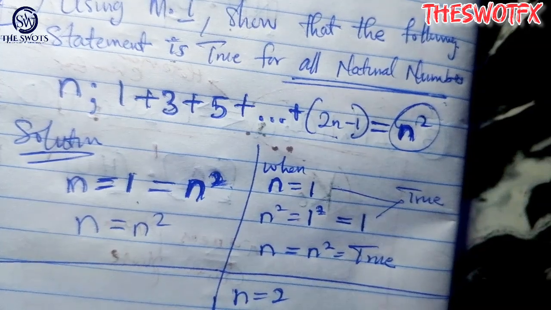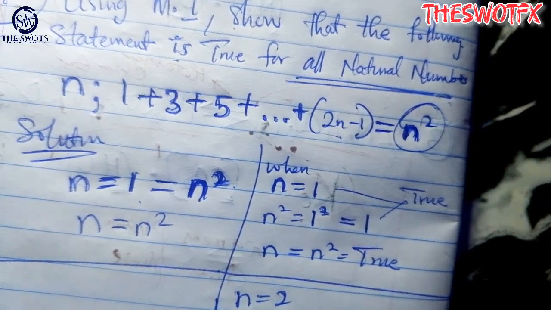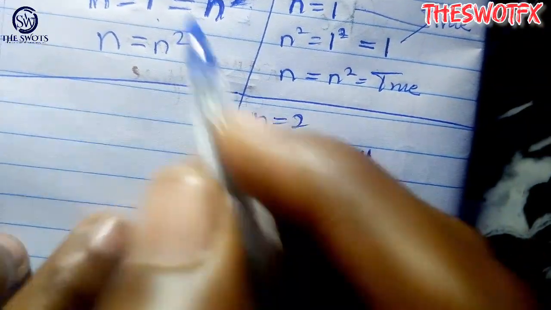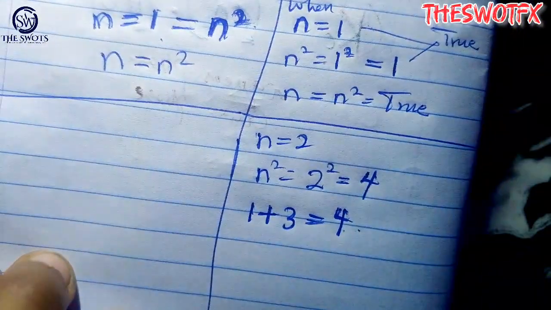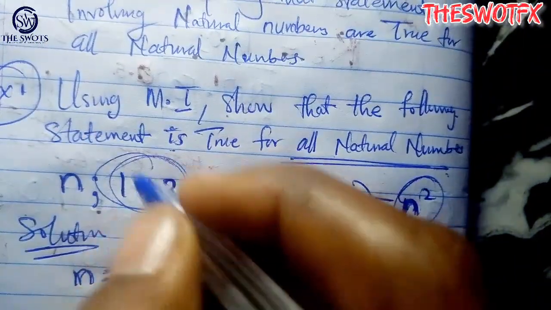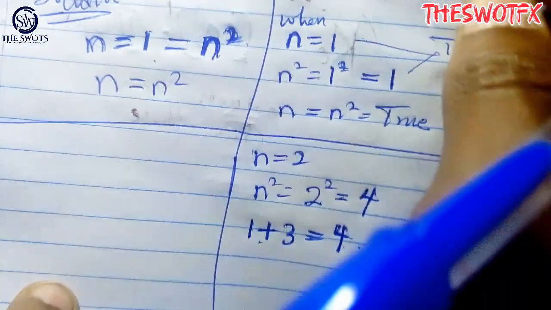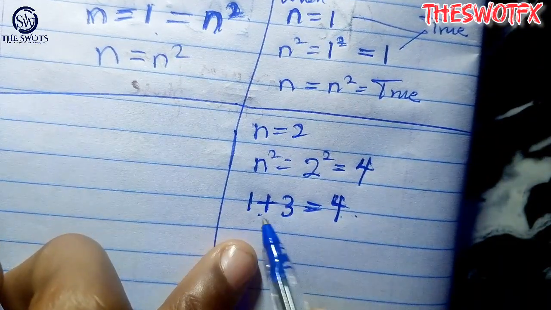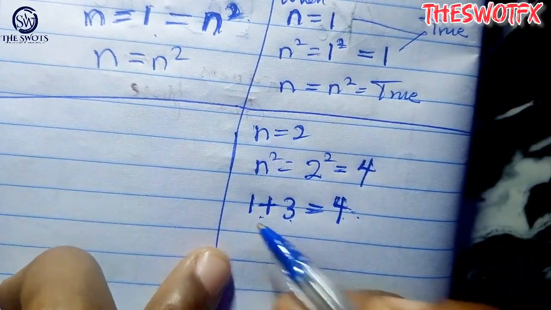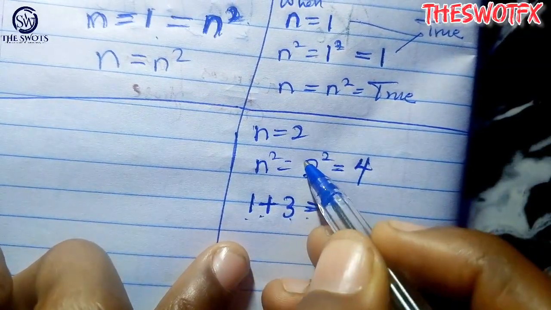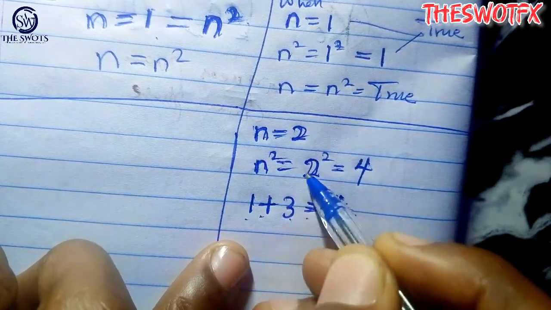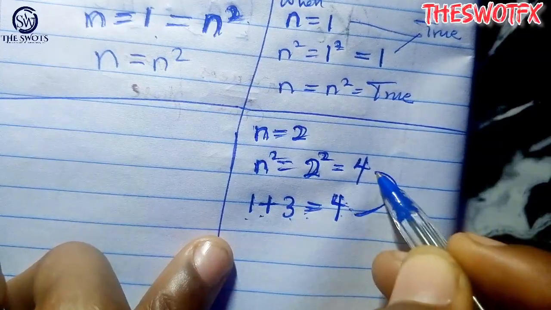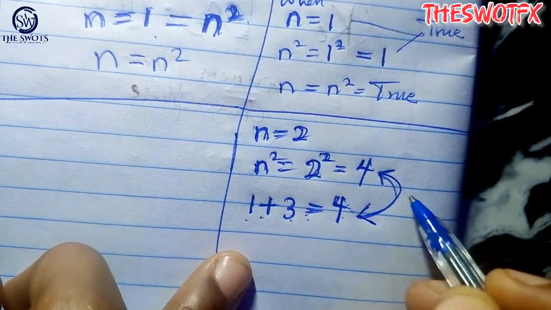Yes. When I add the first two odd natural numbers, 1 and 3, they give me 4, which is n squared when n is 2. So this is also true.